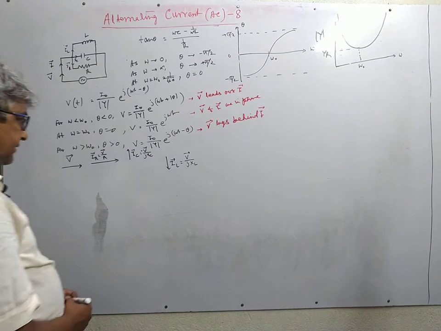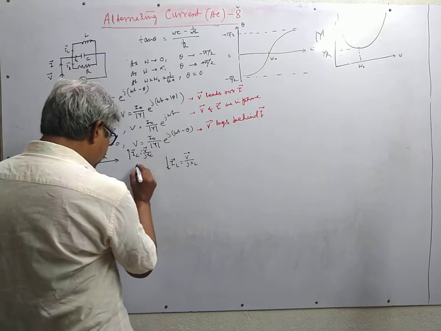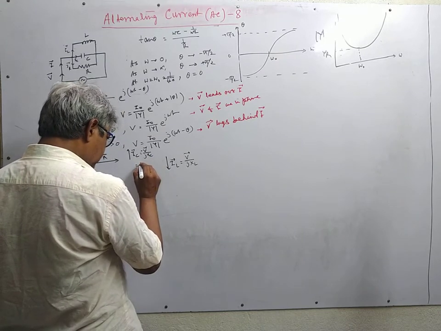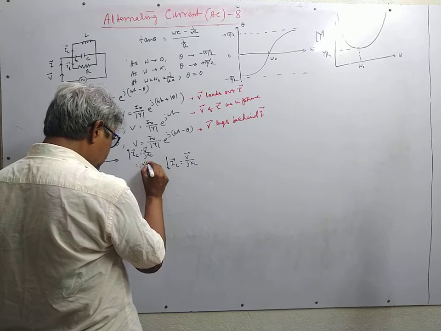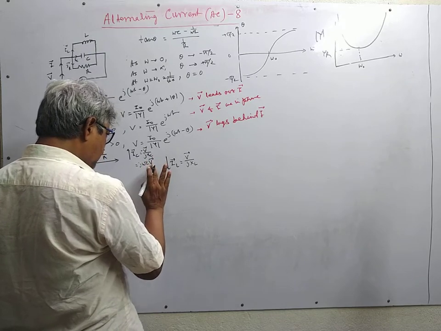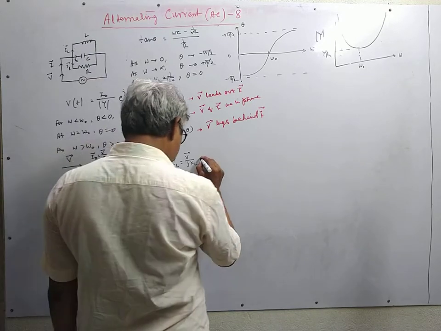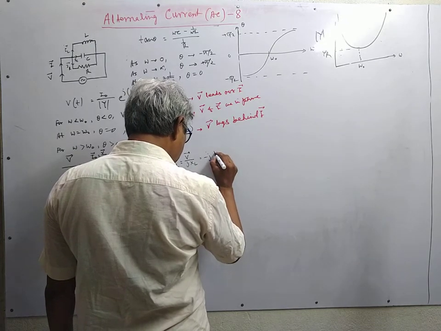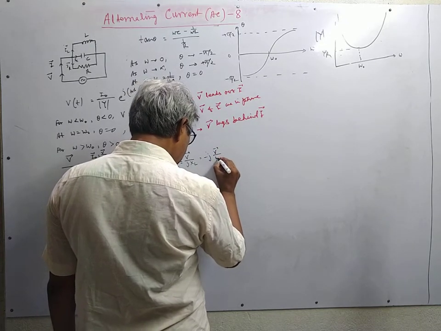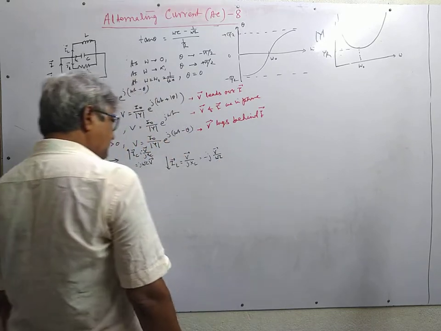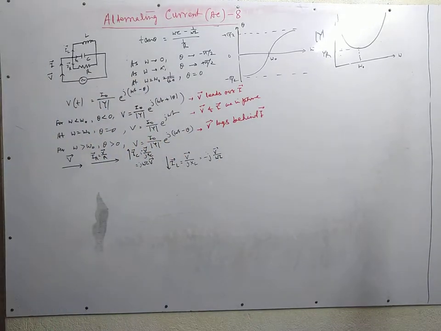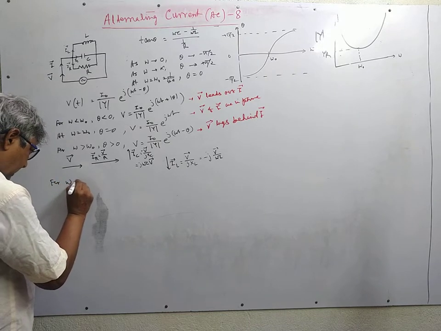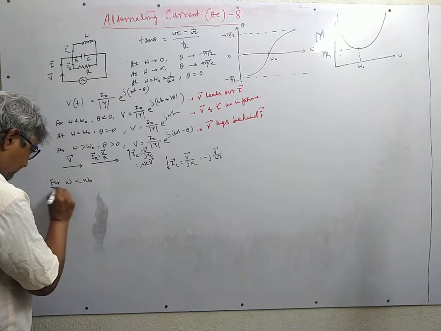So if we write this explicitly, this part becomes... Now we come to the first case, for omega less than omega 0.